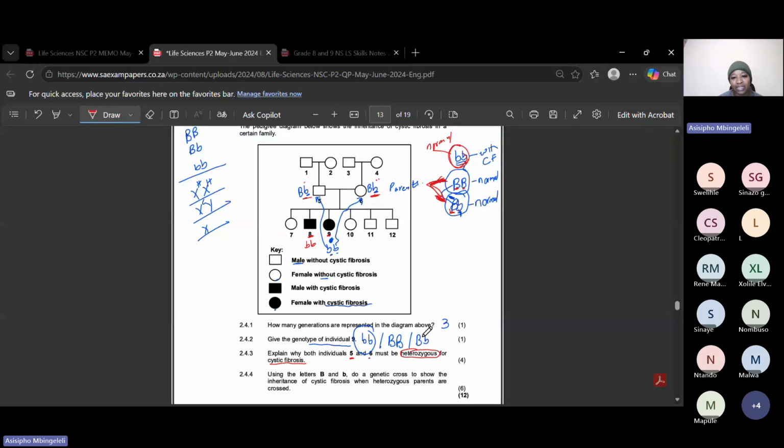This I need us to get. In pedigree diagrams, you will have a 1-2 marks question, and then there will definitely be an explain question. You are explaining something. What I need you to understand is that any offspring, whatever letters they have, would have inherited one from each parent. So if they give us the genotype of an individual, what we know is that one of the parents has a capital B, the other parent has a small b.